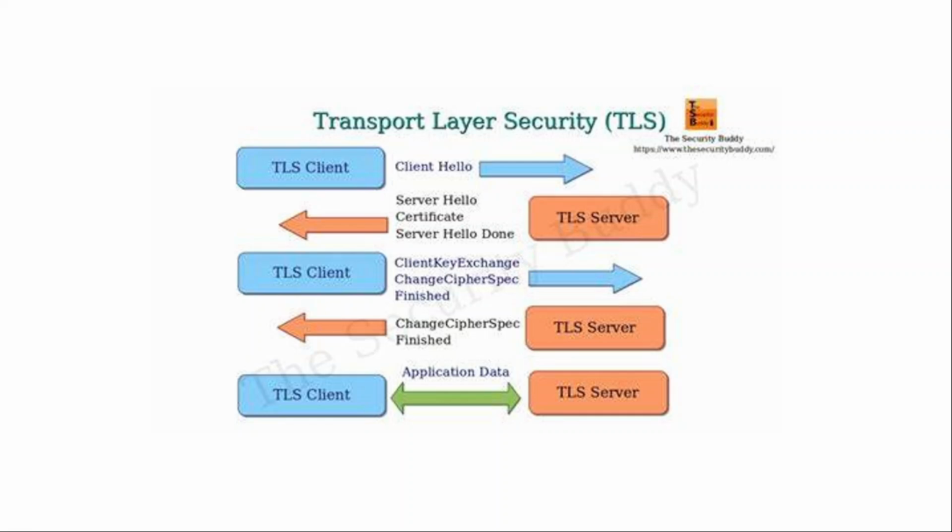But with HTTPS, the security that comes with TLS on top of your HTTP, the data being transferred between your browser and the server is encrypted. Now if anyone is able to eavesdrop on that communication, they will not be able to know what is going on because everything is encrypted.